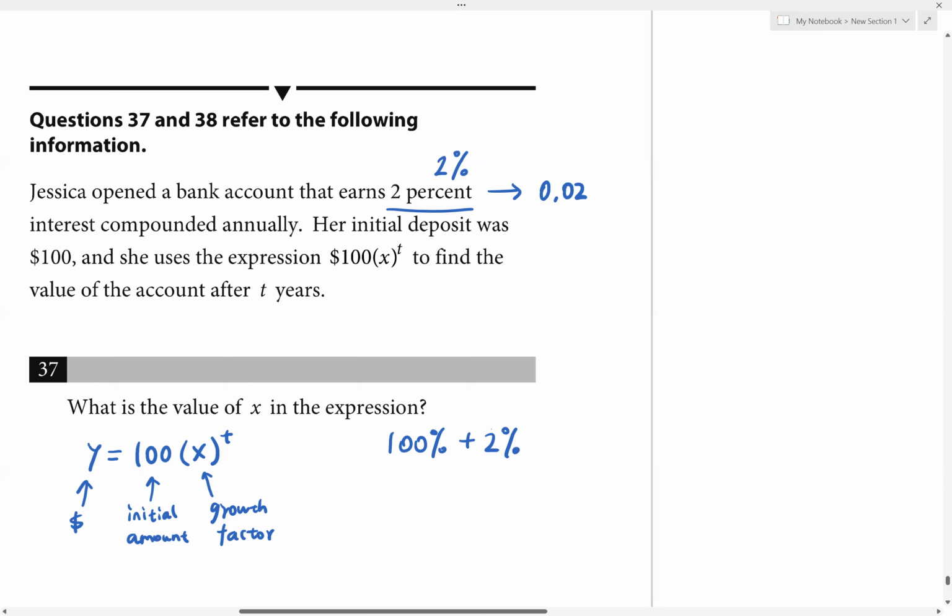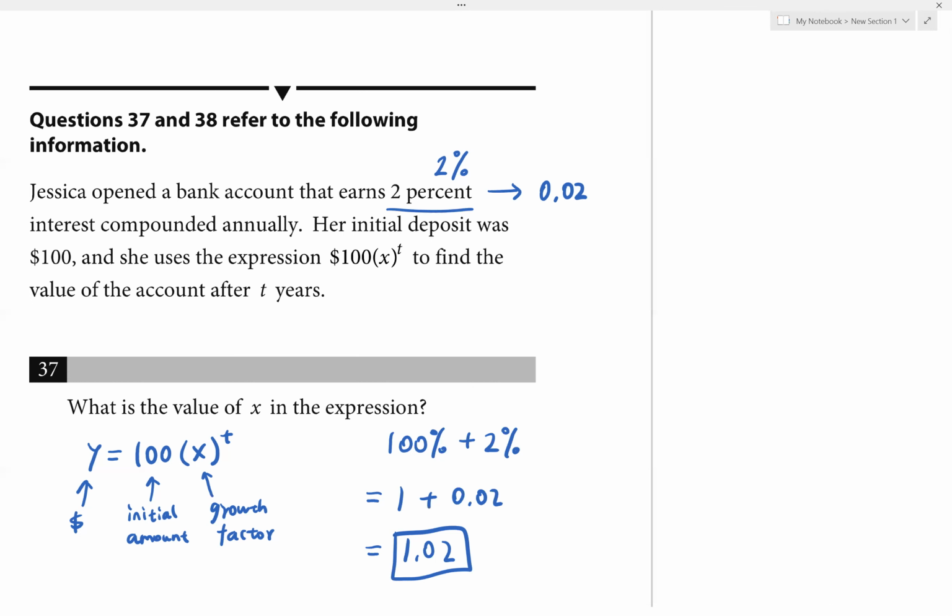That will be the total. In decimal form, it will be 1 plus 0.02, and we add them together to get 1.02. This should be the number that goes inside the parentheses, and that will be the x value for this question.